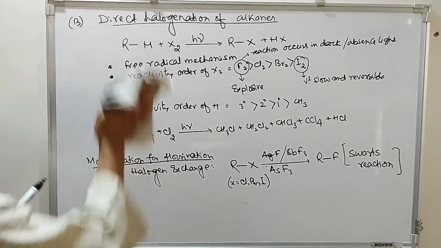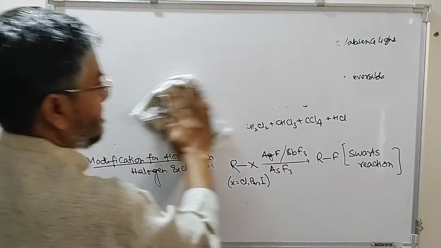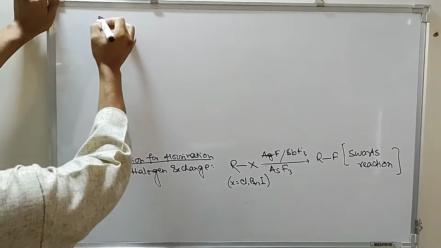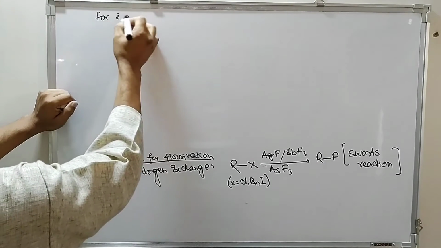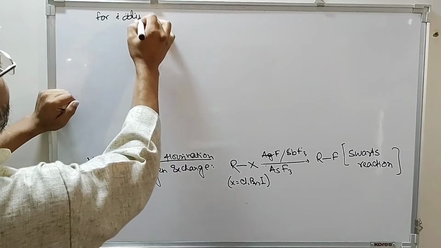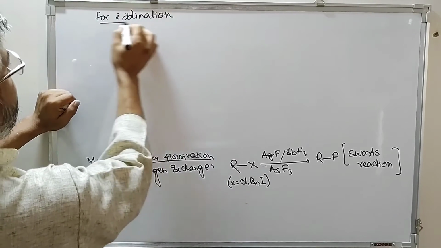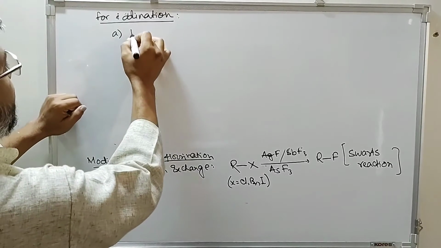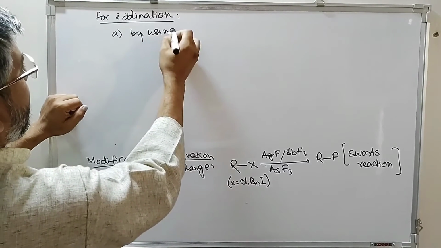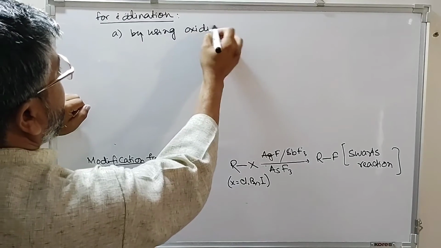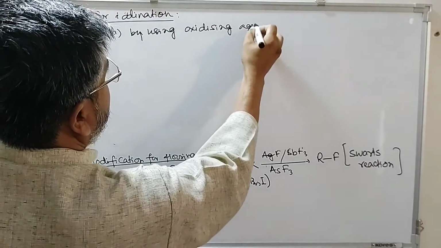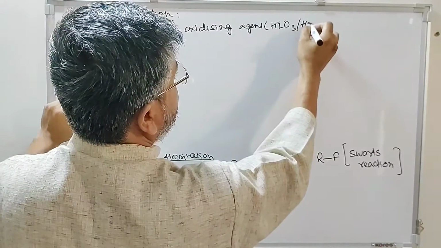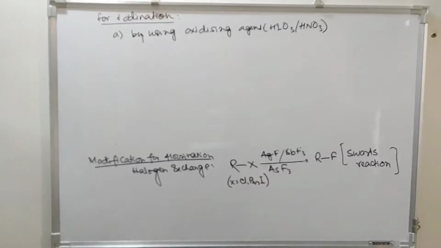Now modification for iodination. For iodination, we have two modified methods. First, by using an oxidizing agent like HIO3 or HNO3, which is a very good oxidizing agent.